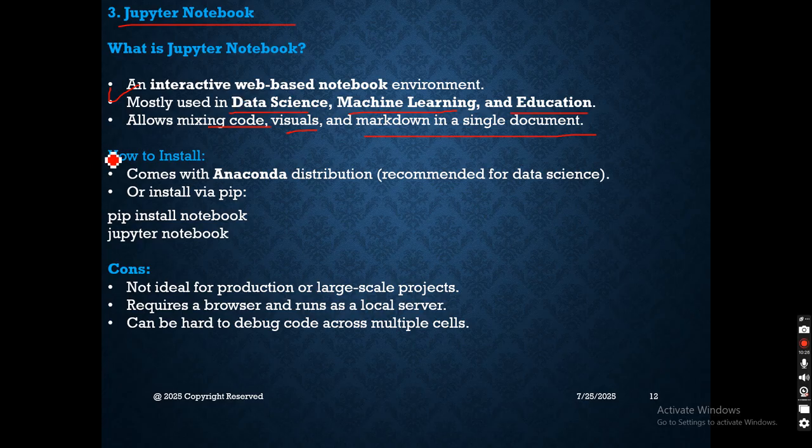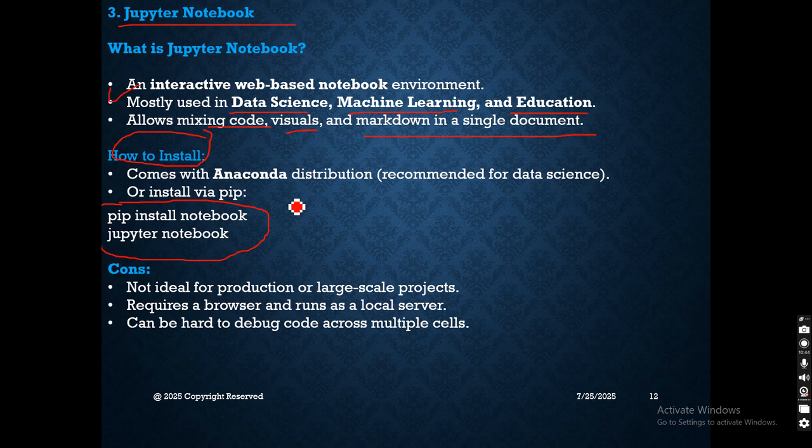Now, next comes how to install Jupyter. If you are using Anaconda, then it comes with Jupyter Notebook by default. If you are not using it, then simply use the pip command.